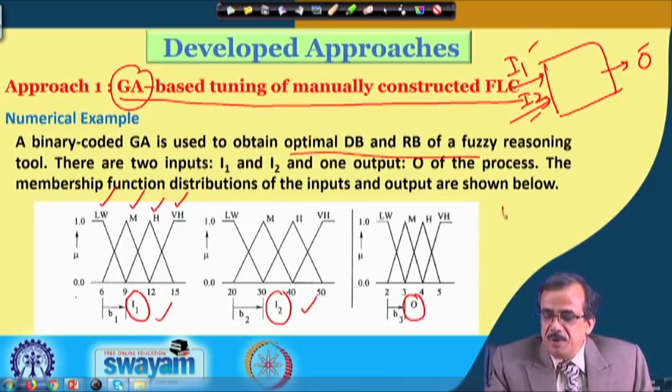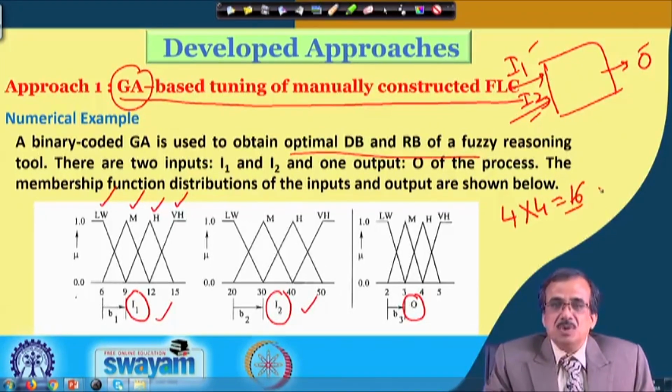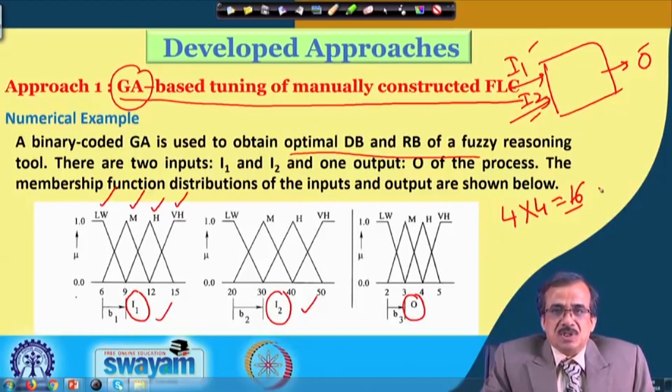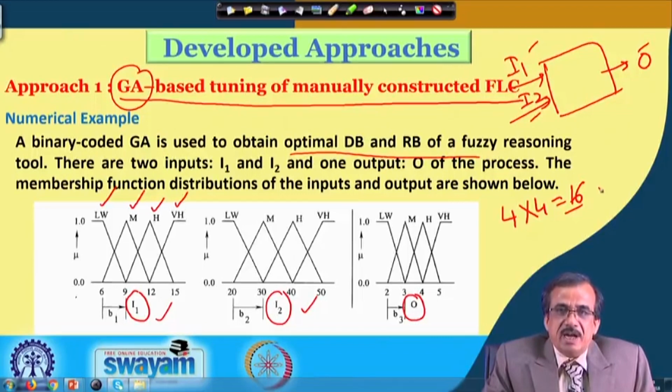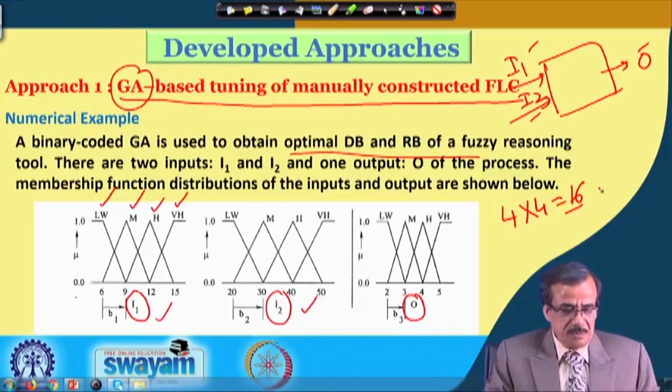So, I will have 4 multiplied by 4, that is 16 possible combinations for the inputs, and we are going to consider 16 rules, and each rule is nothing but the relationship between the inputs and the output.